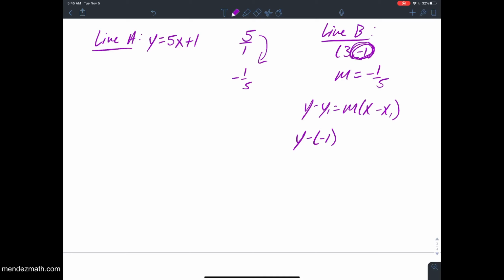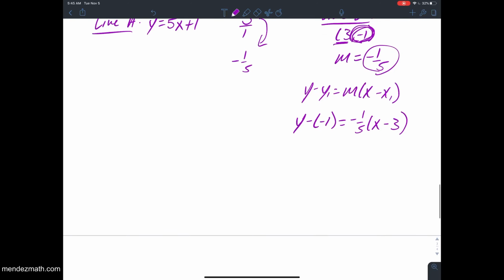Because it's right here. Slope is negative 1 over 5, x minus 3. And I got the 3 right here, okay? So all I did was plug in. I did nothing fancy. Let's clean it up.